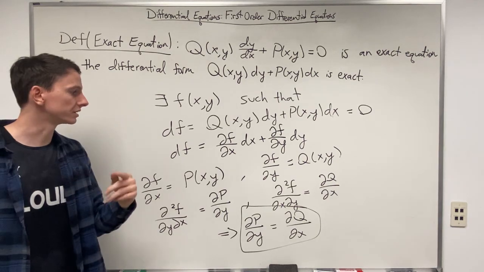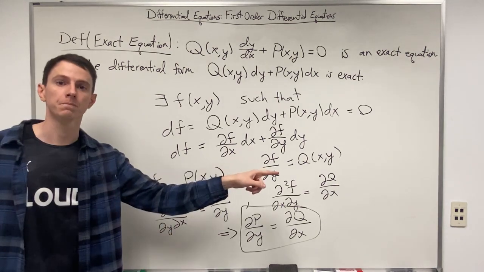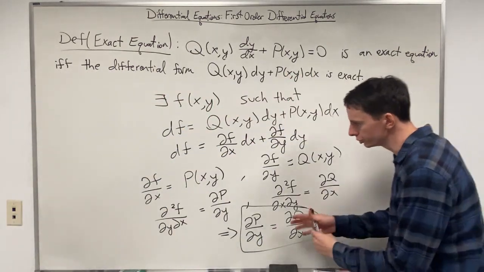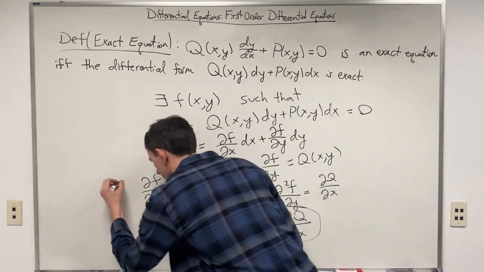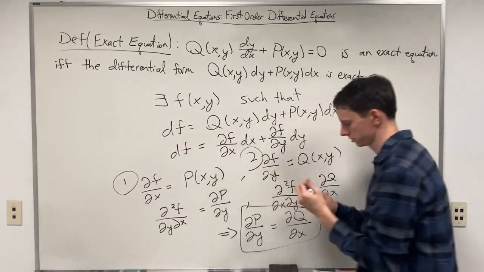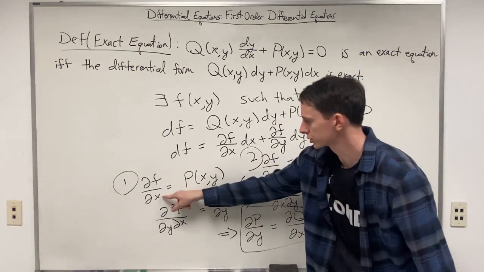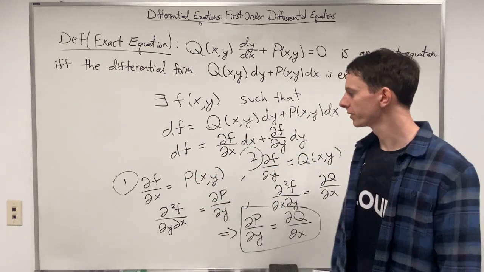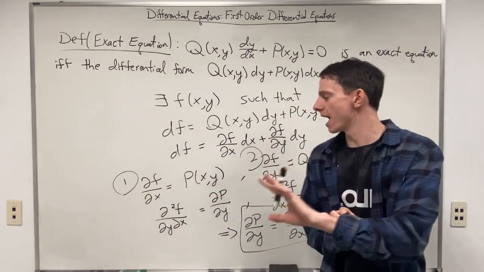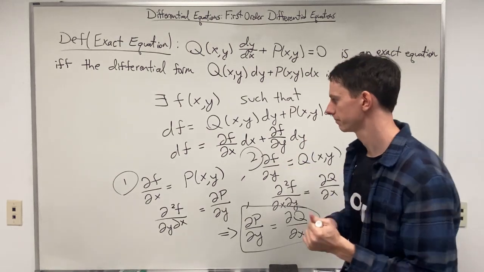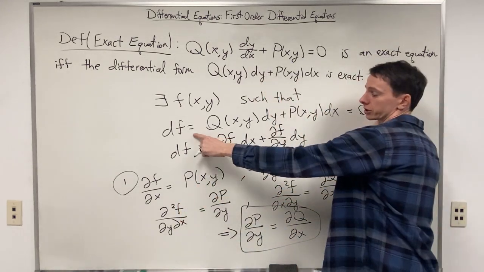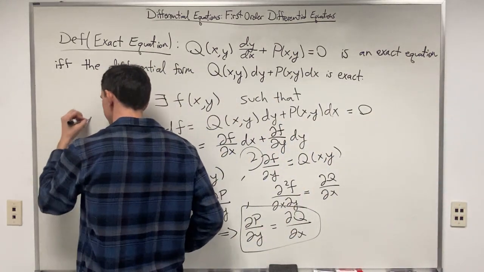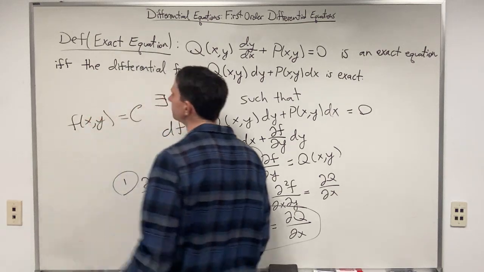Now what I want to do is solve for what my function f is. And you can ask yourself, how do you go about solving for what f is? Well, we have two equations, this first one and the second one right here, that can be integrated. Integrate this with respect to x, integrate this with respect to y. That allows you to determine what f is. And then once you know what f is, you say that f is equal to some constant, because of this logic right here. So the idea is, once you find out what f is by itself, you can set it equal to a constant.